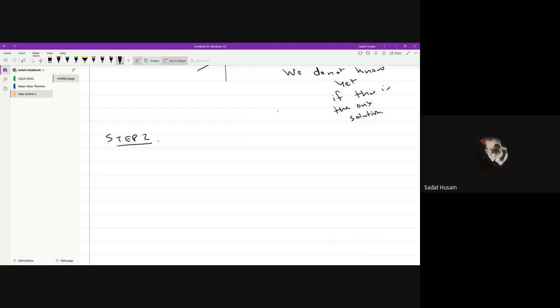So the question is, if a function has more than one root, for example, let's say it has a root.